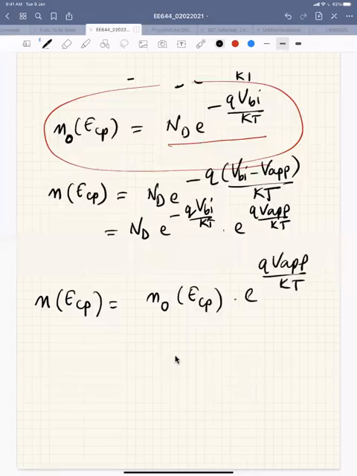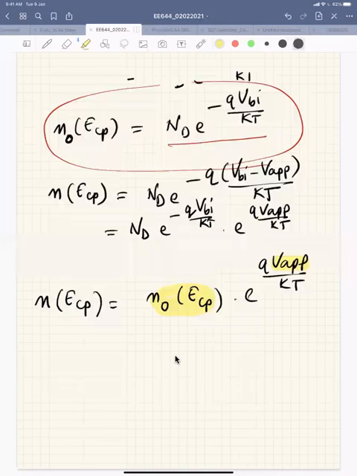So you see, at equilibrium, N0 ECP, this much electron could be injected. But the moment you applied voltage, some V applied, the forward bias, the number of electrons that could be injected from N to P has increased exponentially.